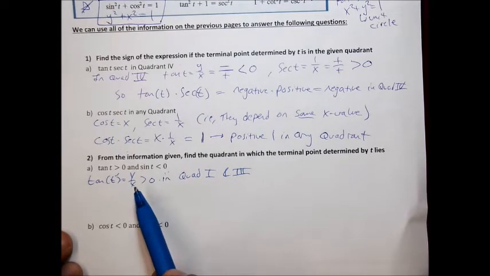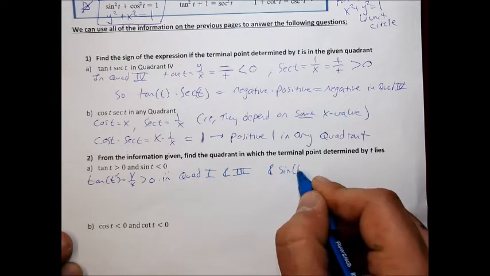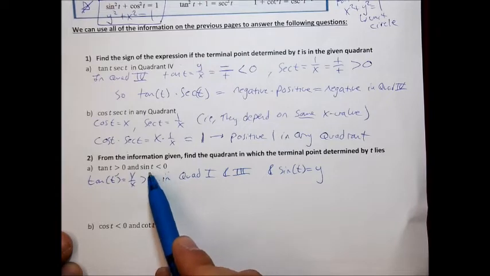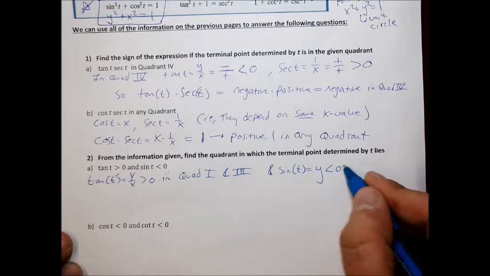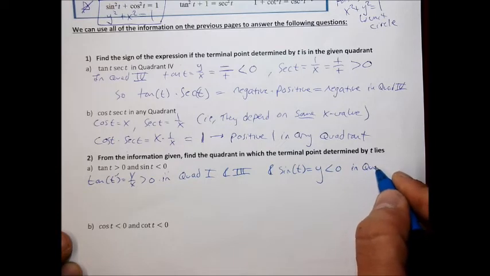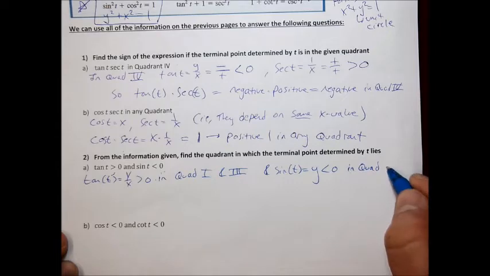Because if they're both negative, they cancel out and they become positive, right? And we know that sine is the y value, and if sine is negative, then the y value must be negative. And that occurs whenever we're below the x-axis. So that would be quadrants 3 and 4.